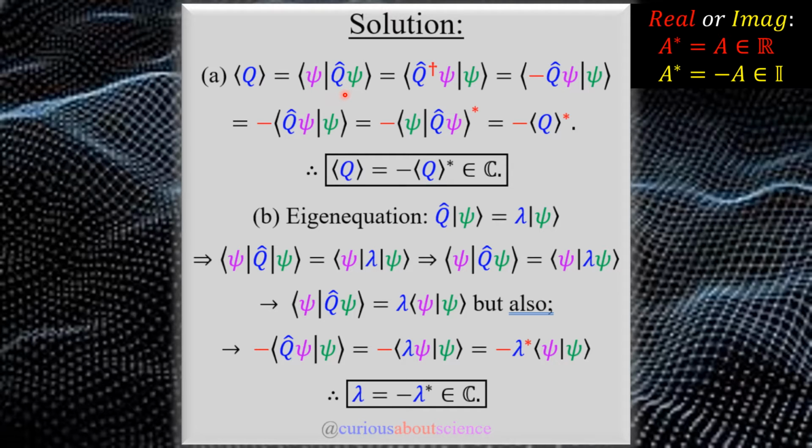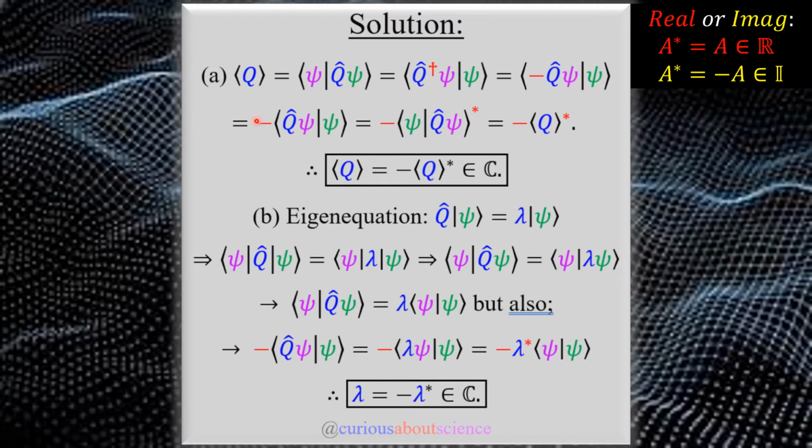But I know that if I want to bounce the operator over, I can do so at the cost of the transpose conjugate, or the dagger. Since I'm dealing with anti-Hermitian operators, I can't just leave it as Q, I have to put a minus sign there. And that's what we show there.